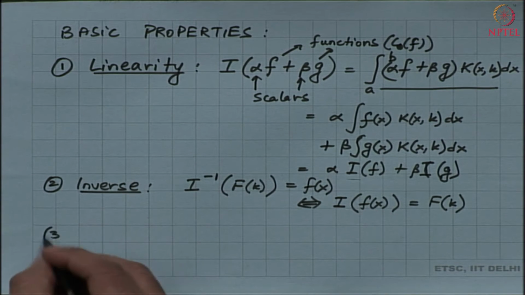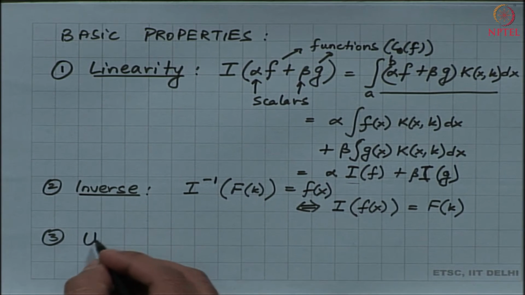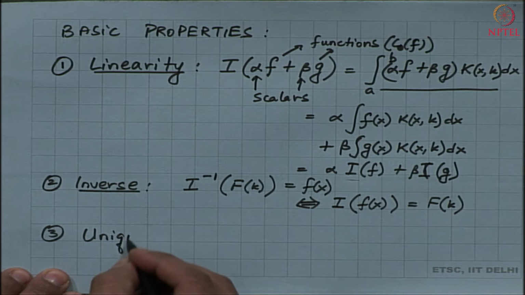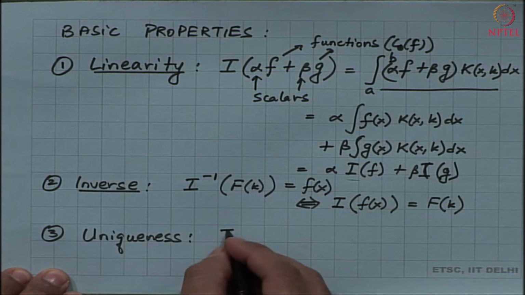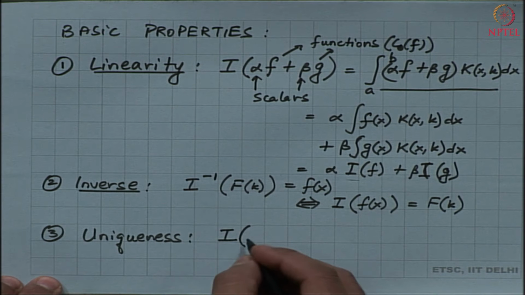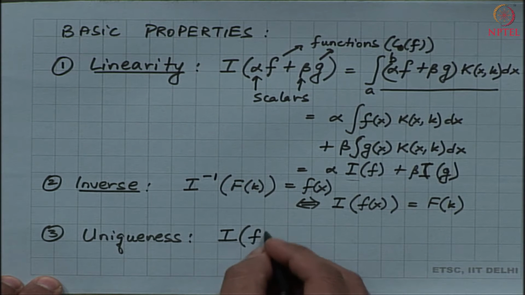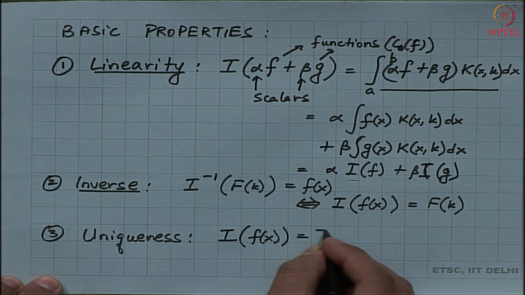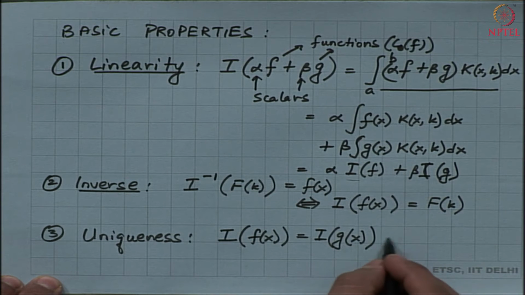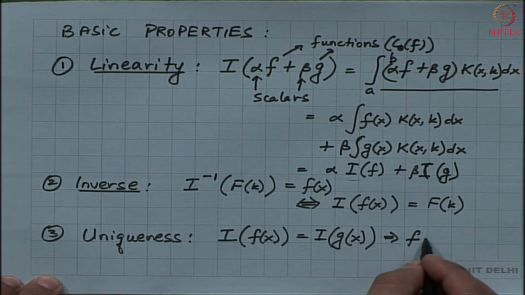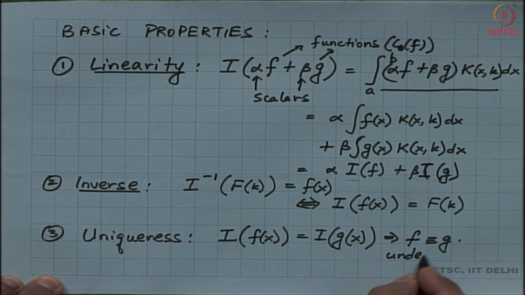The third property that is important to these operators is uniqueness. When I talk about uniqueness, I am saying that if my integral operator I of f of x is equal to I of g of x, then it implies that the function f is identically equal to g under suitable conditions.